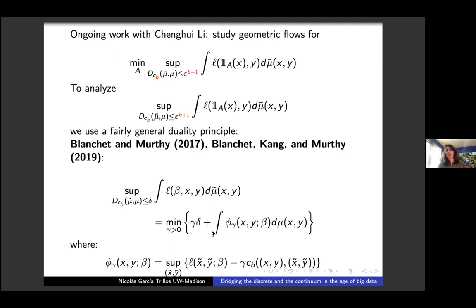One can say this looks like a regularization already, but it's not necessarily so interpretable in all cases. But it allows you to re-express the supremum in terms of a minimization over one variable, a one-dimensional variable, which is quite useful.